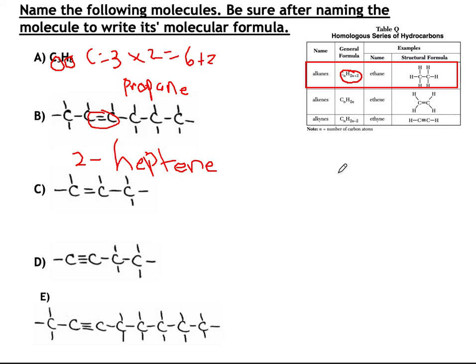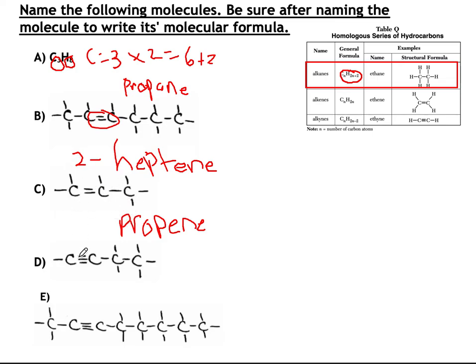What about C? C is nice and easy because we have 1, 2, 3 carbons. 3 carbons relates to prop, as we know from the first one. Instead of being propane, though, this is going to be propene because there's that double bond. And this one's kind of special because we don't need to put a 1.